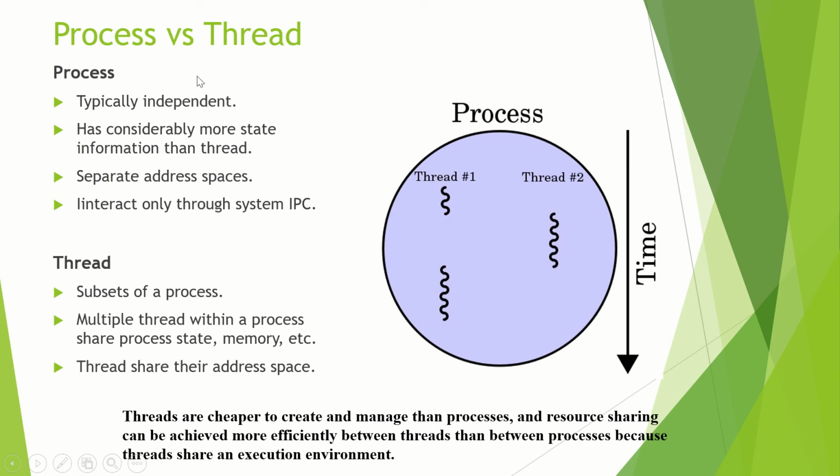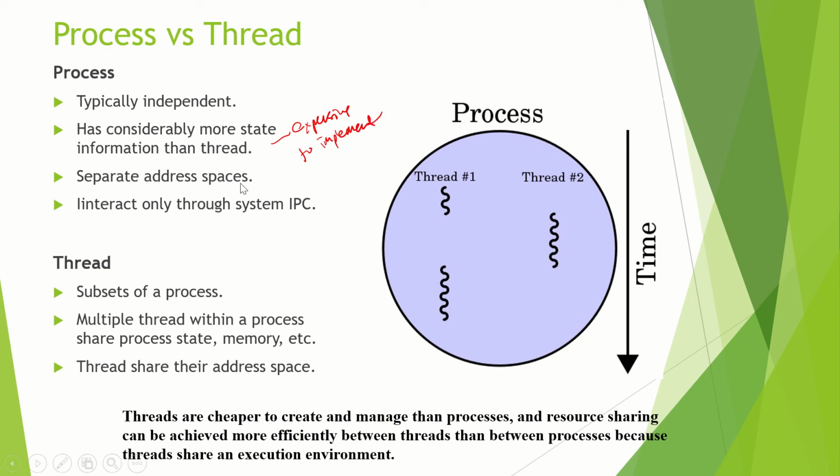So what is the difference between a process and a thread? A process is typically independent, has considerably more state information than a thread, and is much more expensive to implement. It has separate address spaces.